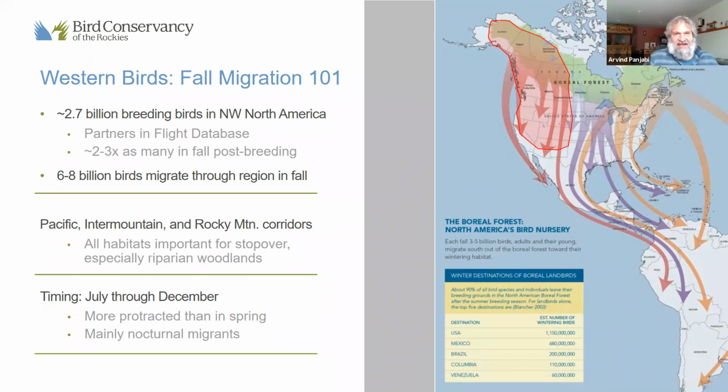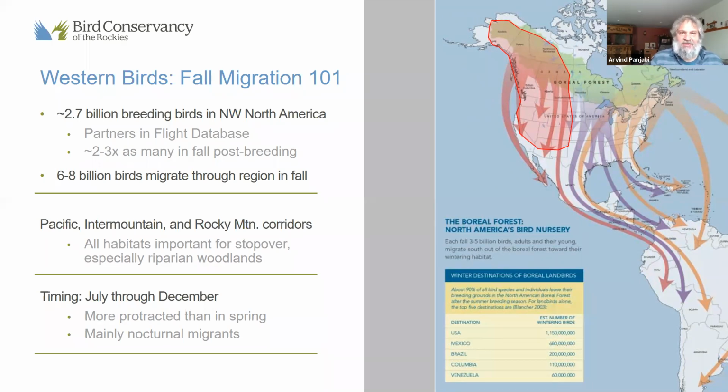Now, in total, in this area of northwestern North America, we estimate that there are roughly 2.7 billion breeding birds. That information comes from Partners in Flight and their population estimates database, which we host at Bird Conservancy of the Rockies. That may actually be somewhat of a low estimate because much of this region is, of course, quite poorly surveyed.